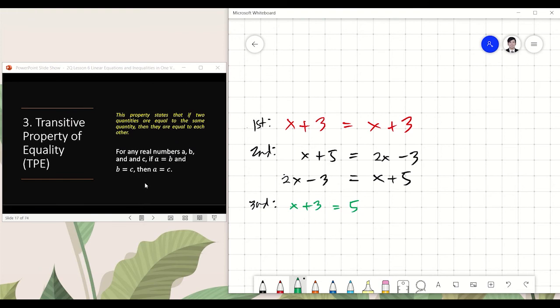Ito yung A, ito yung B. And what if yung 2x plus 4 natin is also equal to 5? So, ano yung makukonclude natin? Therefore, yung x plus 3 natin is just equal to 2x plus 4.